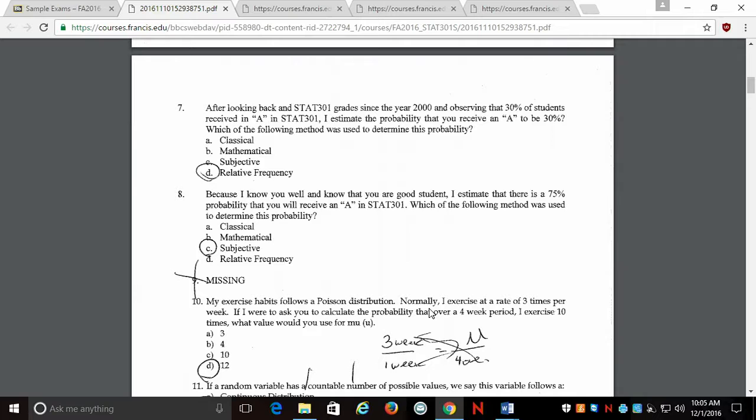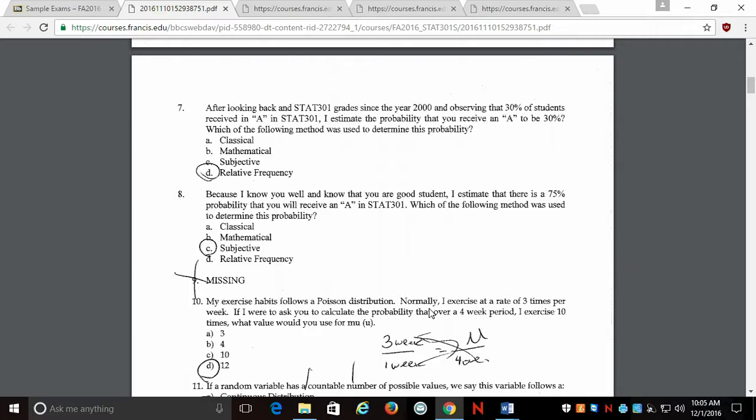Remember, there were 3 methods we used to estimate probability. If I have 100 ping pong balls in a bucket, 1 black, 99 white, what are the odds I pull out that black one? It's 1 out of 100. What method is that? It's called classical or mathematical.